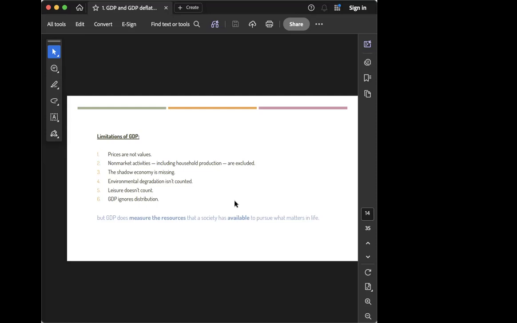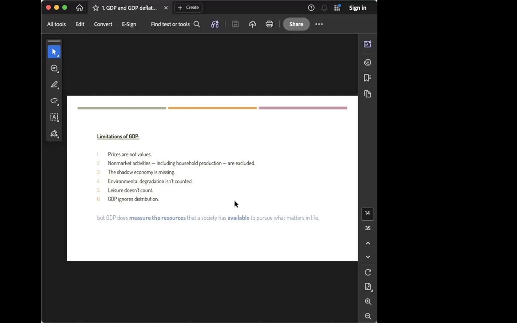And the third one is that the shadow economy is missing. For example, some economic activities happen informally or illegally, and then they will not be reported, so those economic activities are going to be missing.